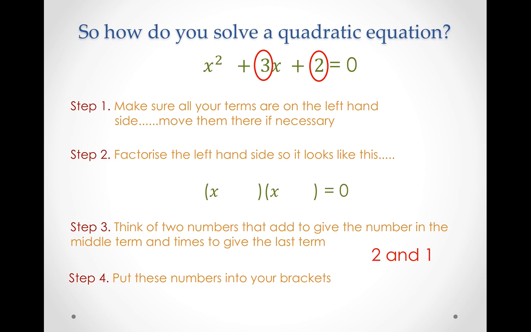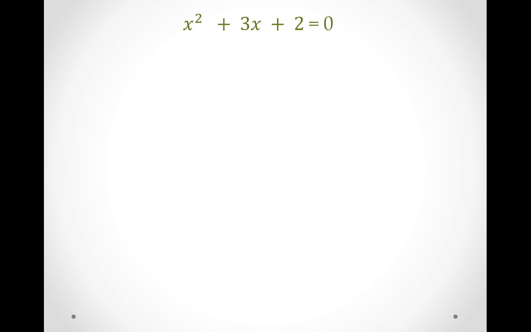Now step 4, simply put these two numbers into the missing spaces in your brackets. And it would look like this. Our first solution was 2, so x plus 2 would go there. And our second solution was 1, so it would be x plus 1 equals 0. So this is where we started. This is where we're now at.